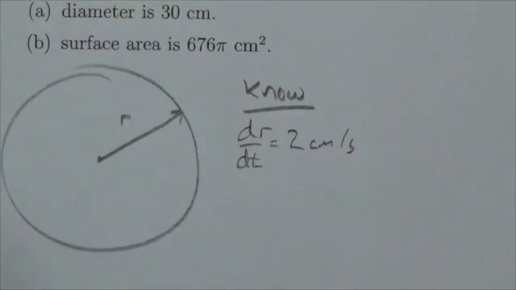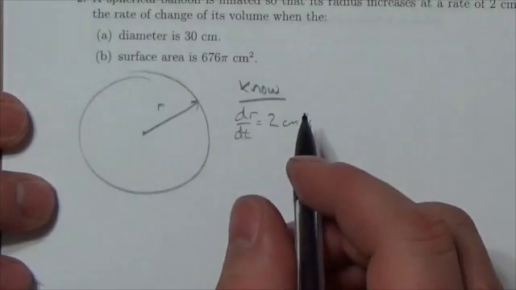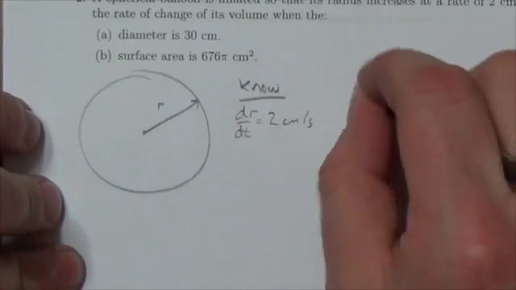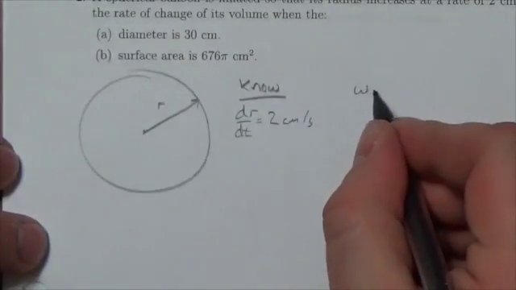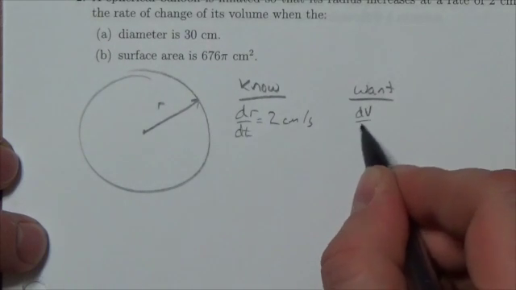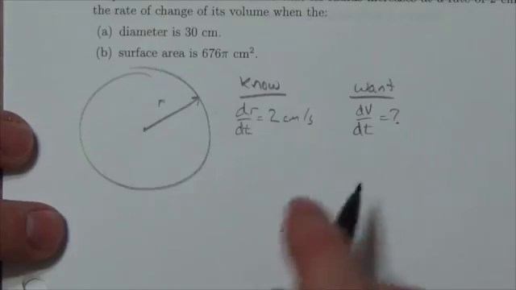And what we want is the rate of change of the volume, dV by dt.